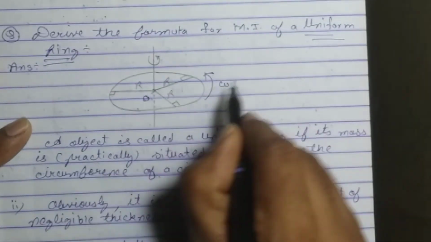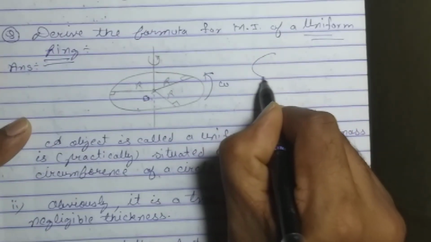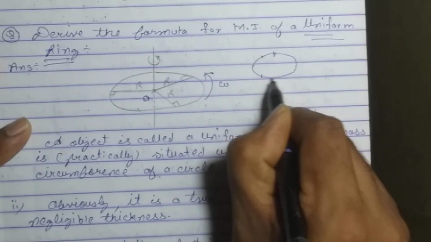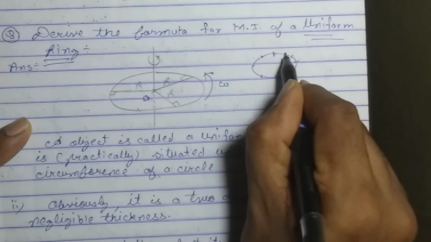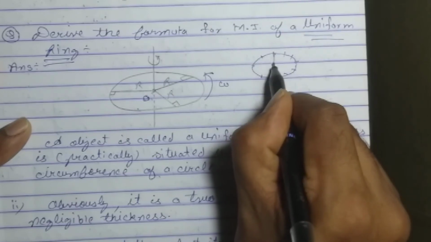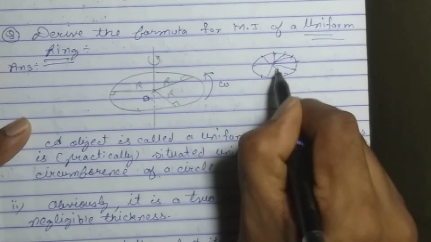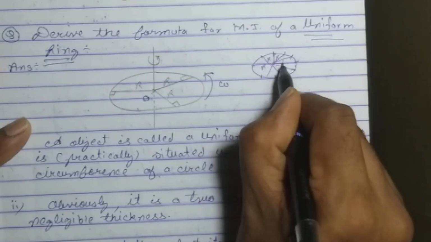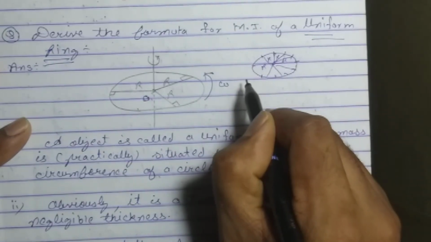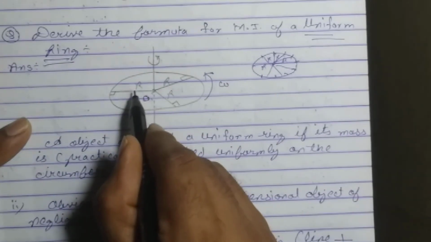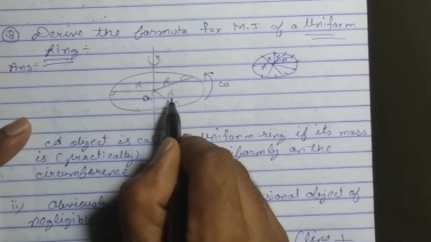The name itself is a ring, no? Ring means it consists of n number of particles, whose distance from O is that of a circular ring. What are their distances? All particles are situated at a constant distance, that is capital R.